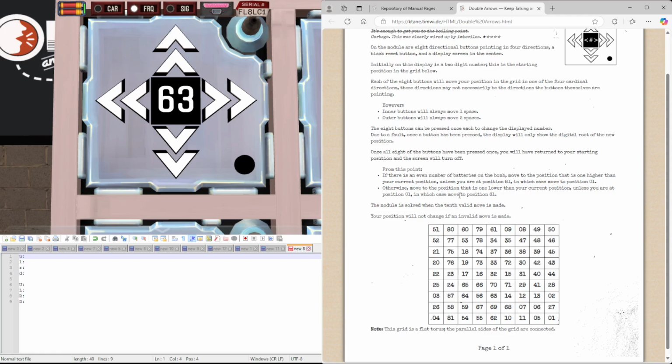Right, we're at 63 this time. Where we have 1, 7, 5 or 6, which is fine. 6, so small up is small down.